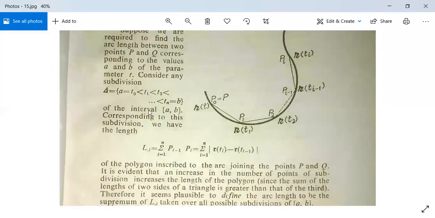Consider any subdivision of the interval [a, b]. Corresponding to this subdivision, we have the length L delta. L delta means length with respect to this subdivision.